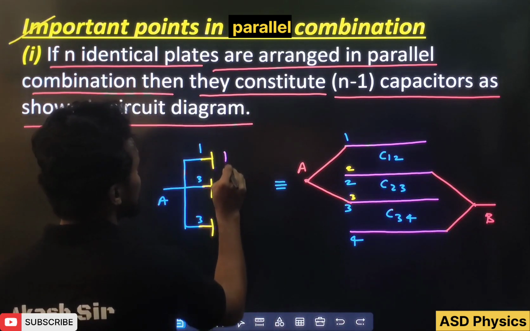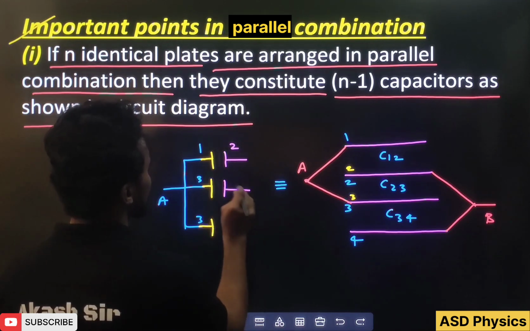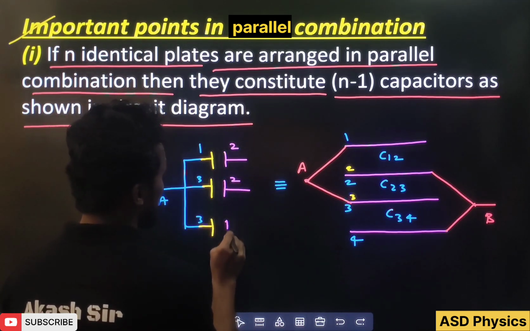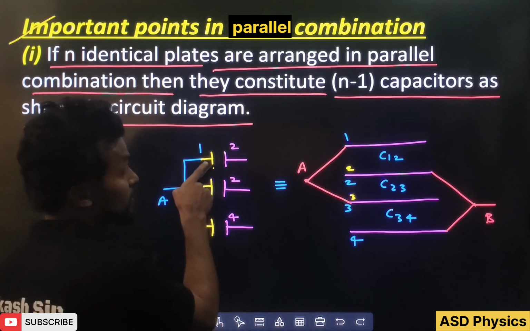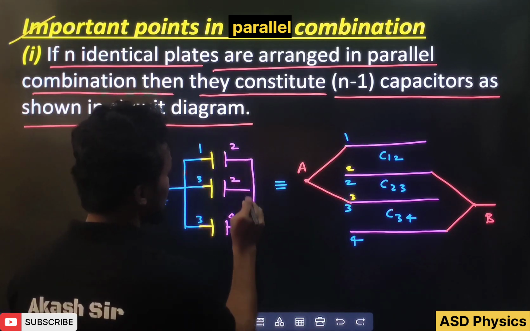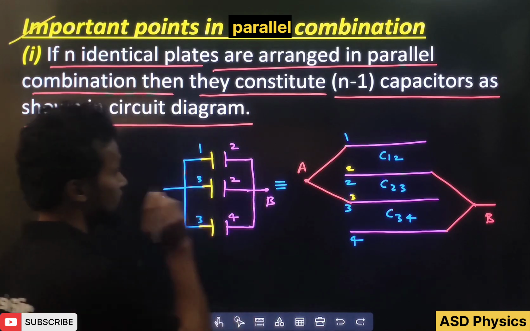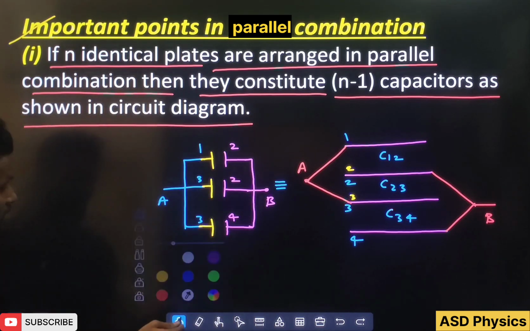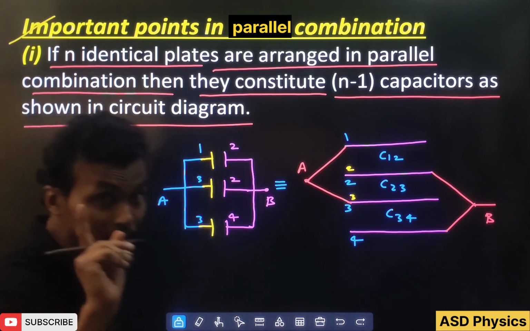So you can see C12, C23, and C34. And here it will be connected, and this will be connected to terminal B. Now you can see very well all of them are connected in parallel.